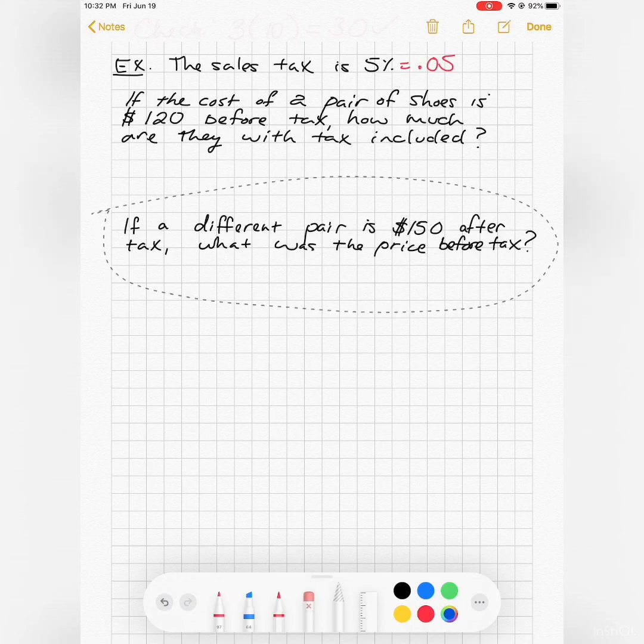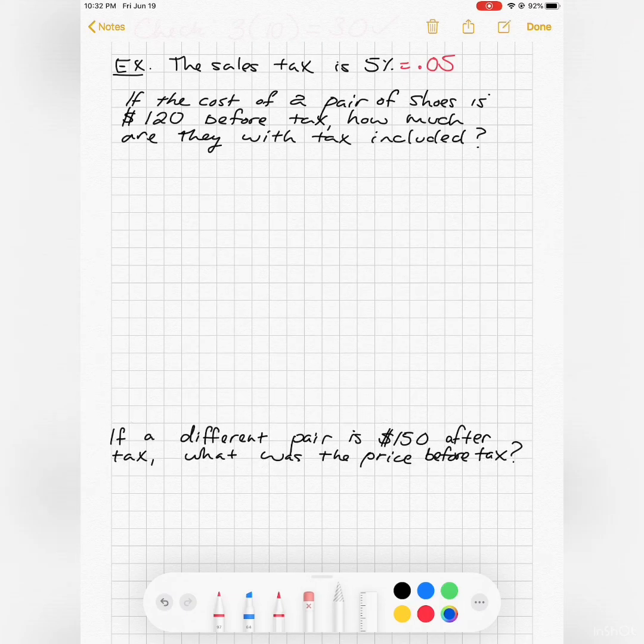Let's move this down. Okay, if the cost of a pair of shoes is $120 before tax, how much are they with tax included? So let's see, should we use S for sales price? The final price? Okay, so the final price will be that $120, but then I'm going to pay 5% of that $120 in tax, right?